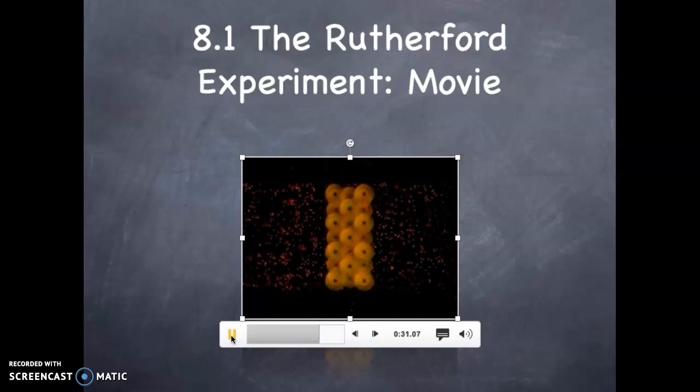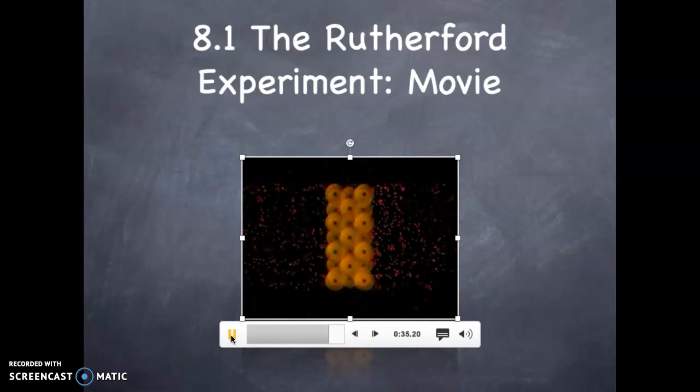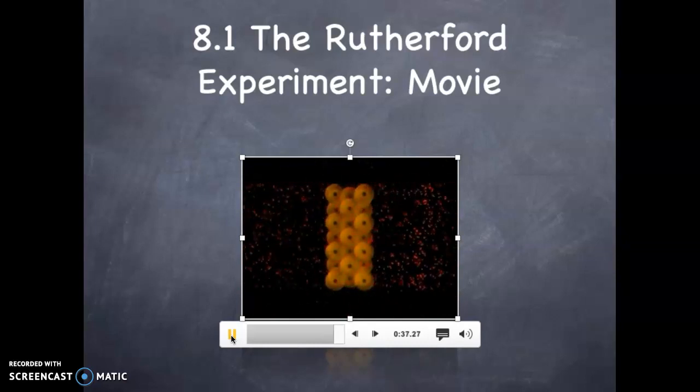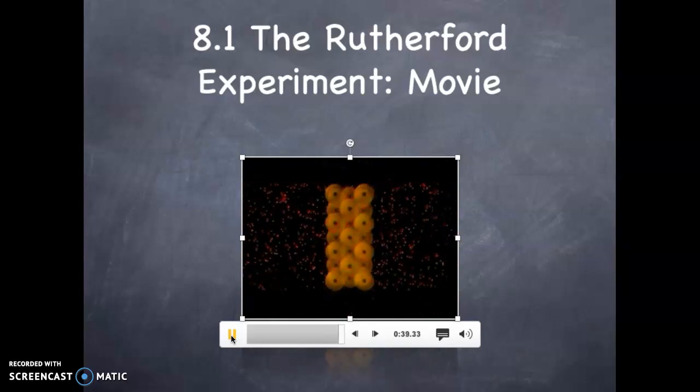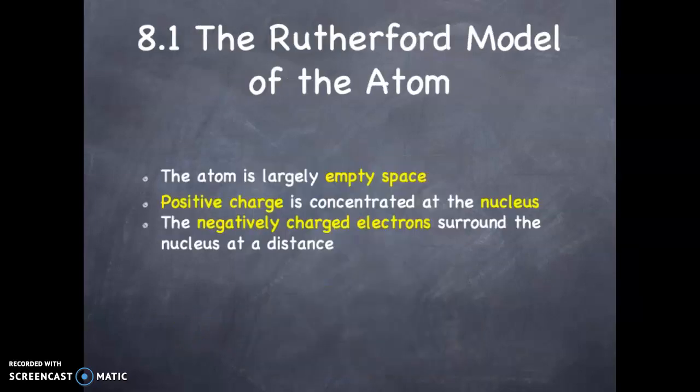This experiment established that atoms consist of a very small central core of heavy protons and neutrons, surrounded by very light electrons. Thus, most of an atom's volume is empty space. So the Rutherford model of the atom is largely empty space. Positive charge is concentrated at the nucleus.